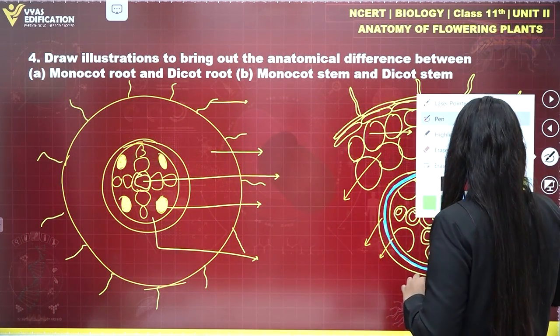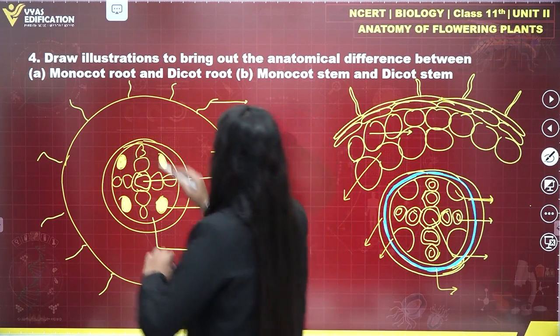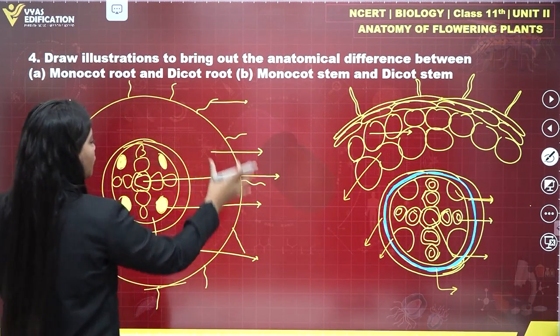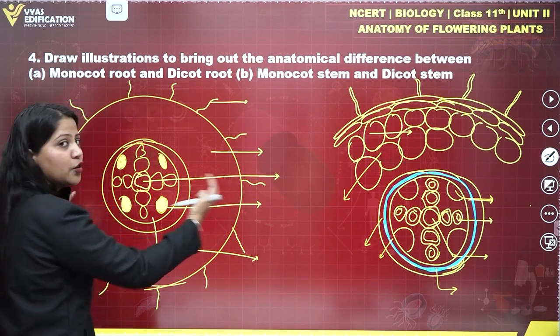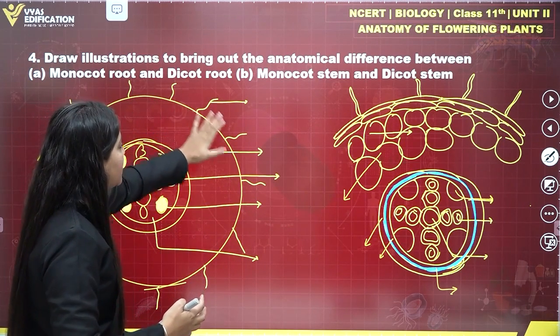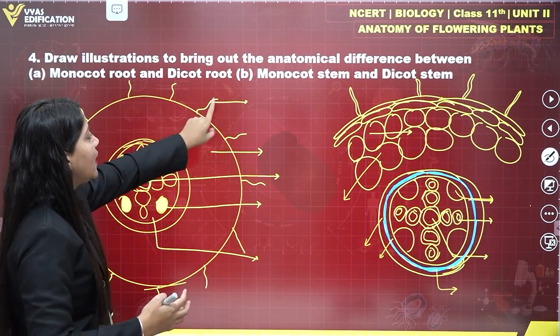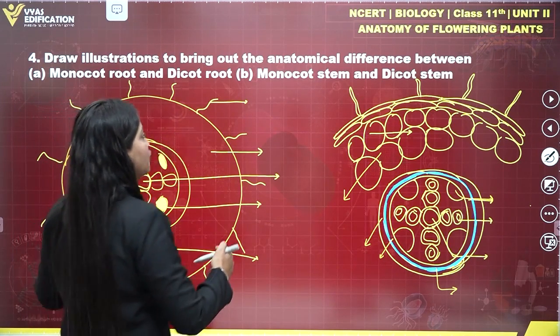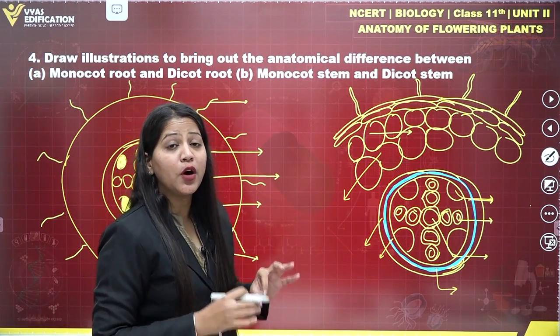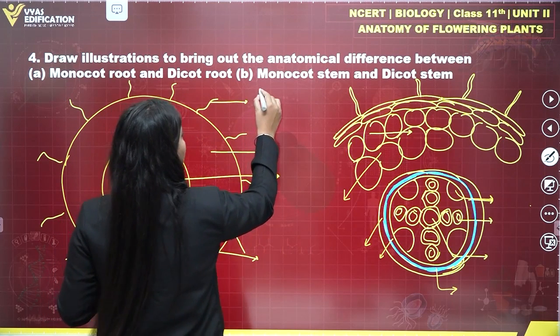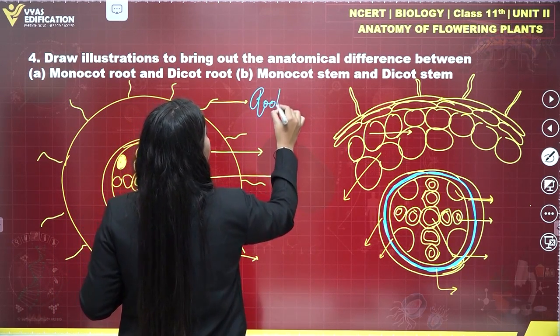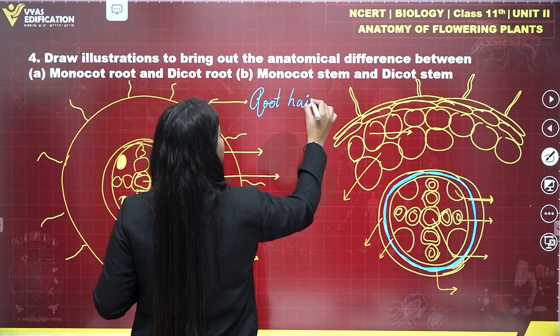So now we are going to start labeling it. We are starting from the outer to the inner side. The first structure, you can see the hair-like structure. The hair-like structure in the root is actually root hair. So these are root hairs.